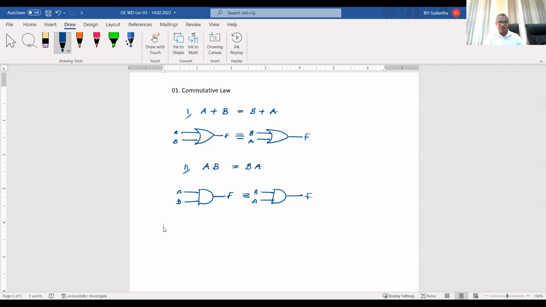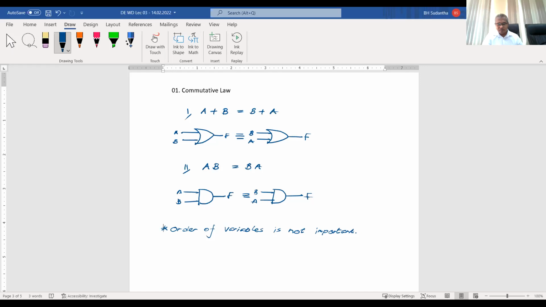It says order of variables. Order of variables doesn't matter, A, B or B, A is not important. That's what it says.